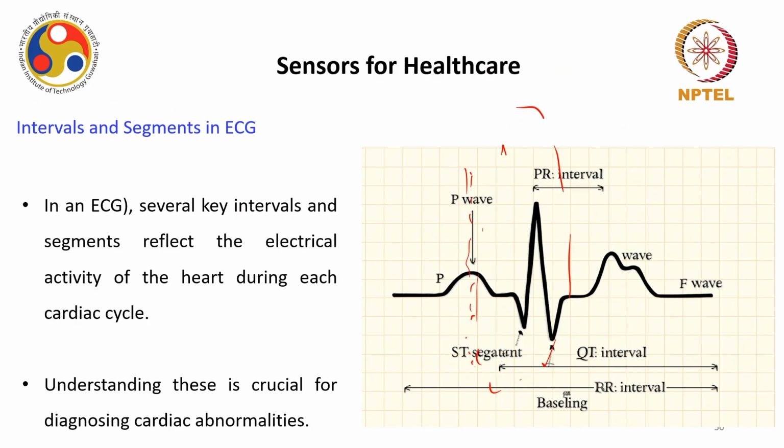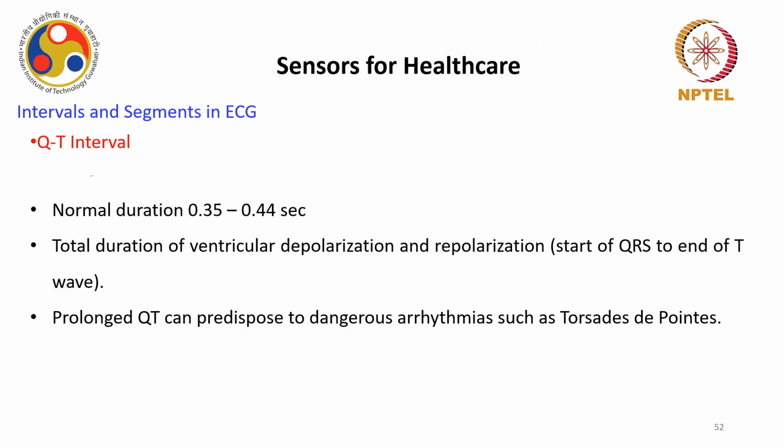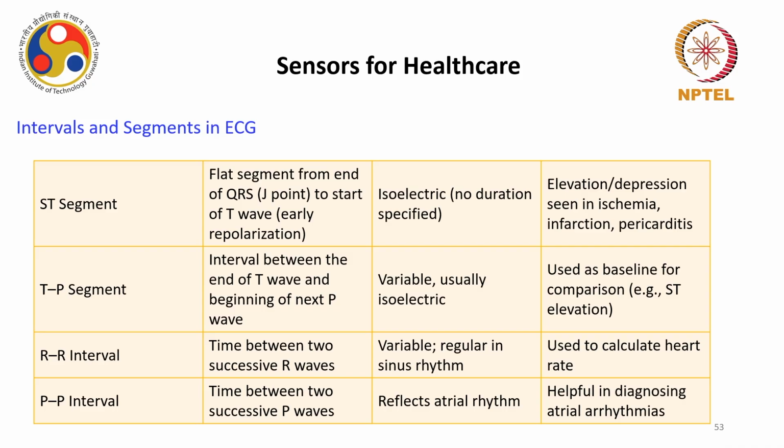That is how doctors can quickly analyze an ECG, by taking into consideration the normal duration for different segments and intervals, and comparing those normal conditions with your ECG data. Based on that, the conclusion can be quickly drawn.